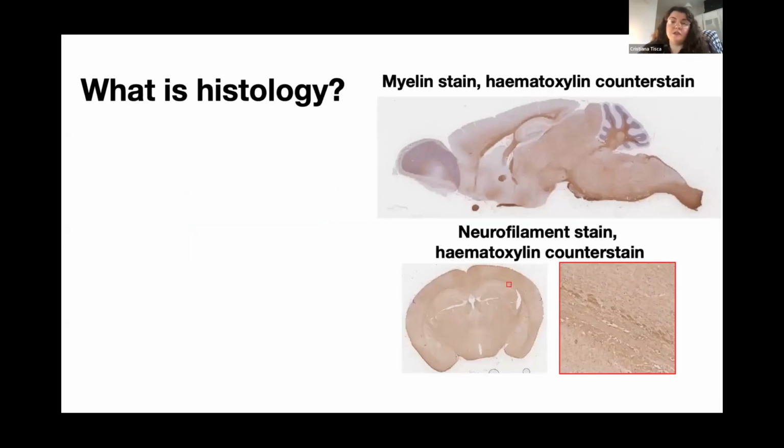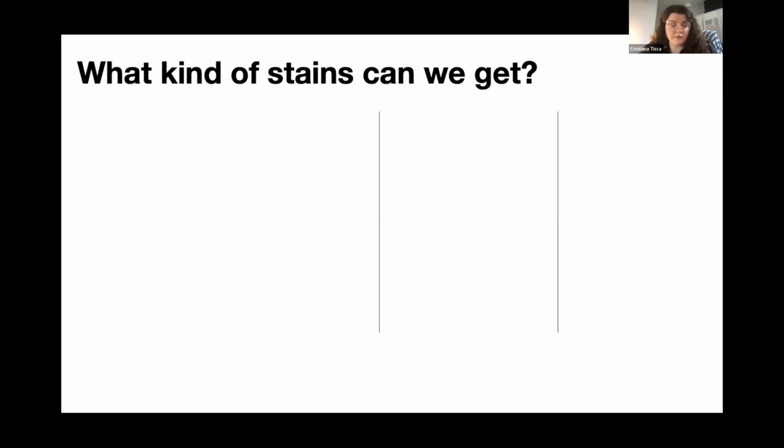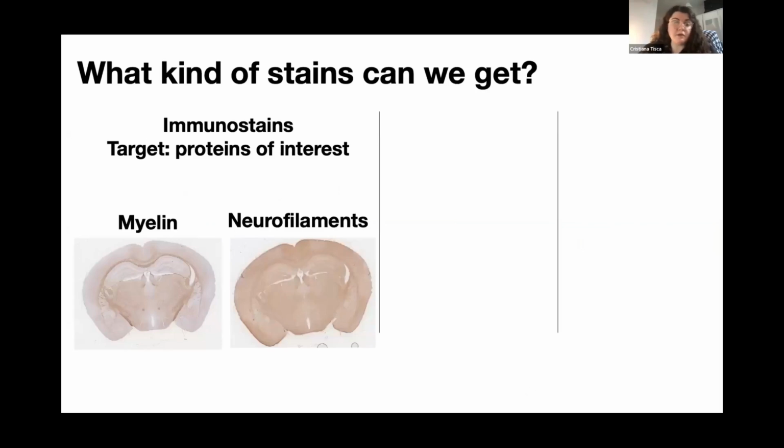So what is histology? Histology is an area of microscopy that studies the microanatomy and microstructure of tissue. In histology, we use different stains to generate image contrast, and these stains can be obtained in various different ways, such as, for example, immunostaining.